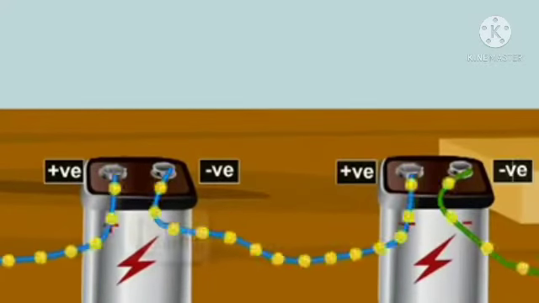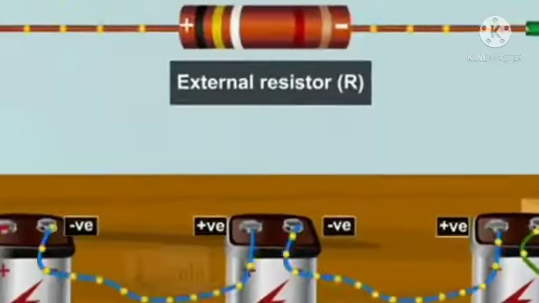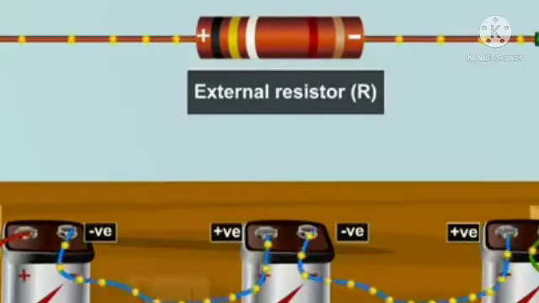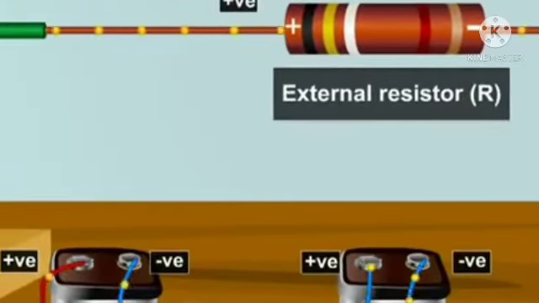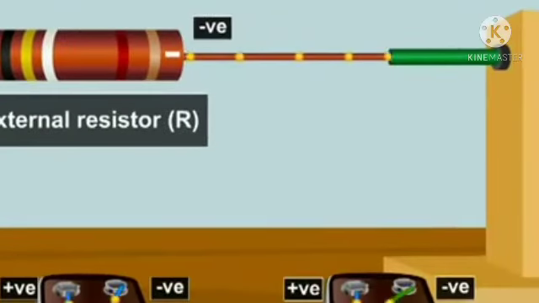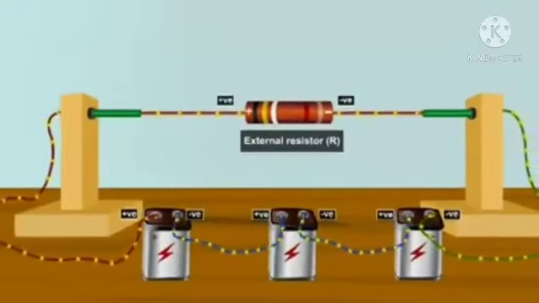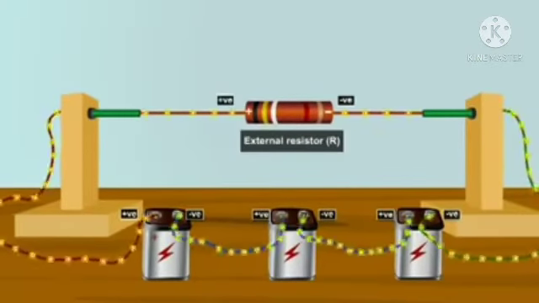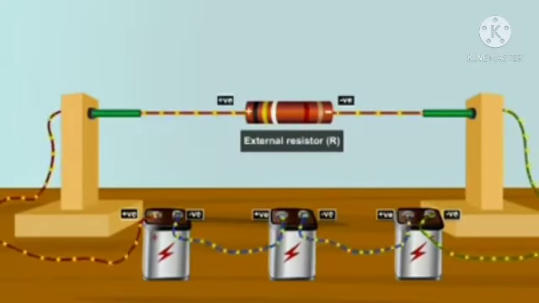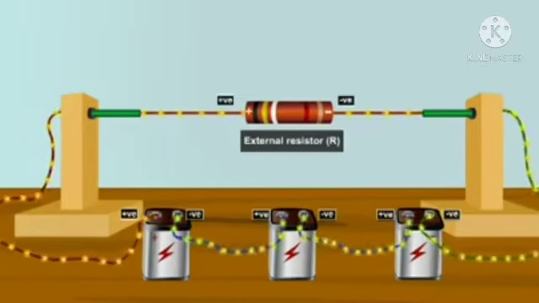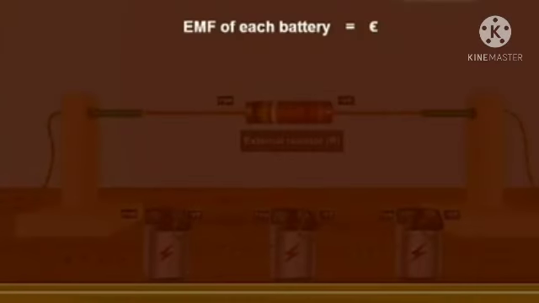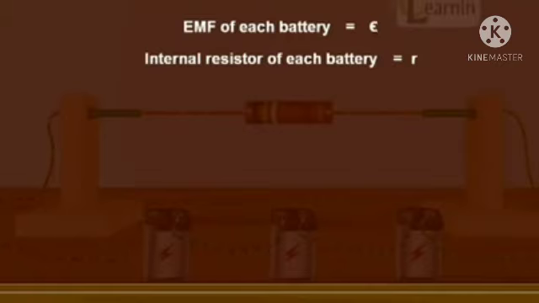The electromotive force of cells gets added up when connected in series. For example, the electromotive force of one dry cell is 1.5 volts. So, the EMF of two dry cells is 3 volts.